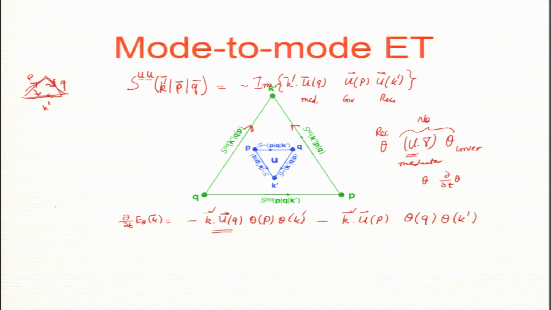Since this is a mediator, the gradient acts on u. So k prime dot, this is a mediator uq, the one multiplying k prime, and this is my receiver, and I am saying p is a giver, so this must be the giver.